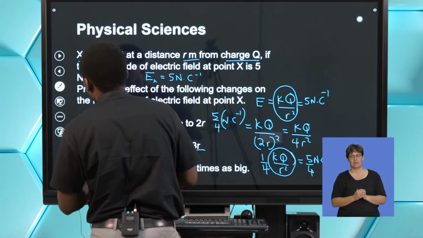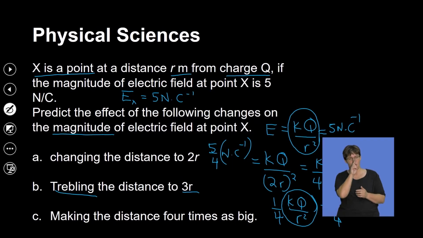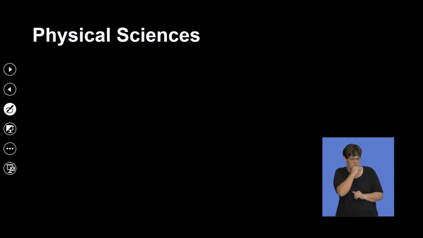Having said that, let's look at the case, because we're told that at point X, if it's R, it's 5 newtons per coulomb. It means if we treble the distance, the magnitude of electric field at point X, 3 times the original distance away from the surface of the charge, would be even smaller than 5 newtons per coulomb. Okay, what does that mean? We know that E is equal to KQ over R squared.